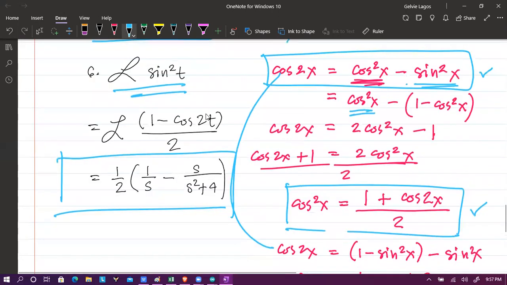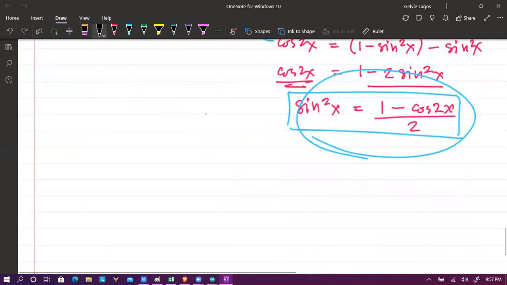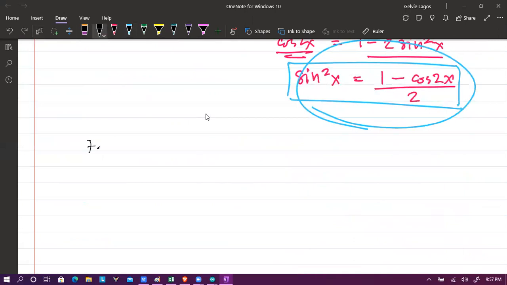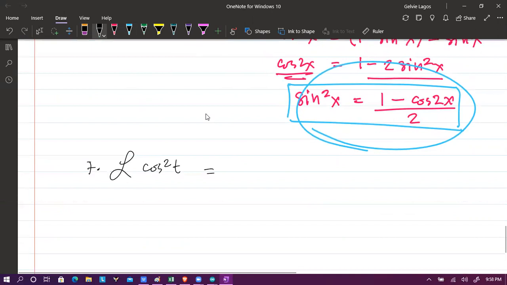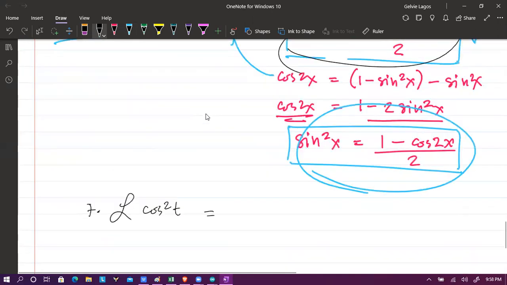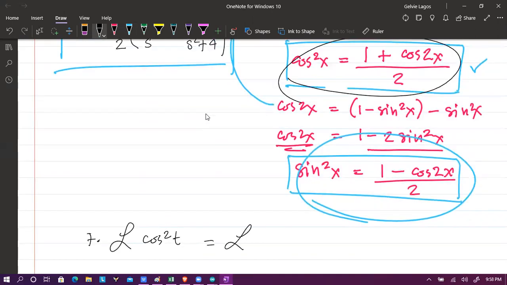All right. Now let's try another one. This time, we are going to solve for the Laplace transform of cosine squared t. And we know that cosine squared t is simply this identity. We have the Laplace transform of 1 plus cosine of 2t all over 2.